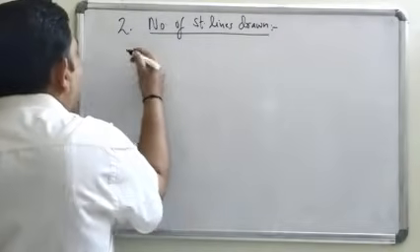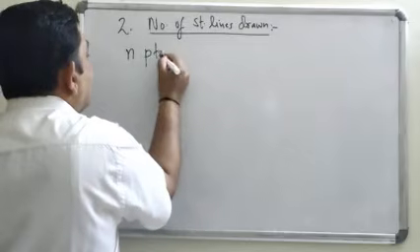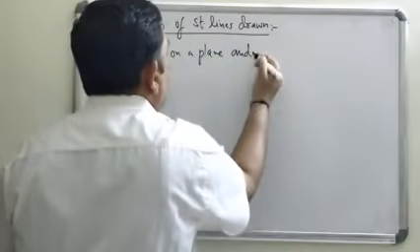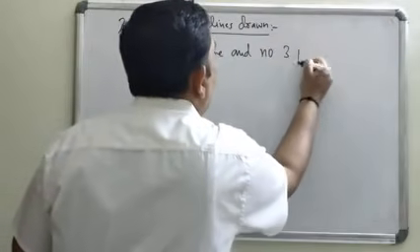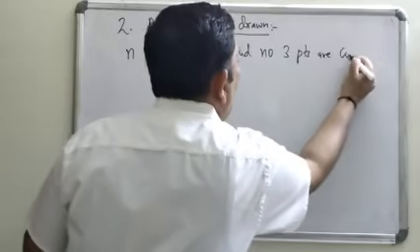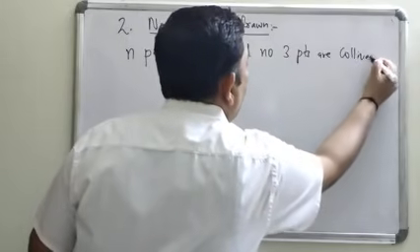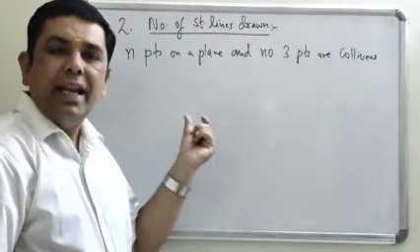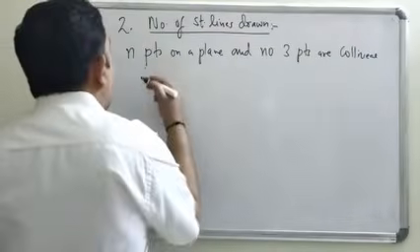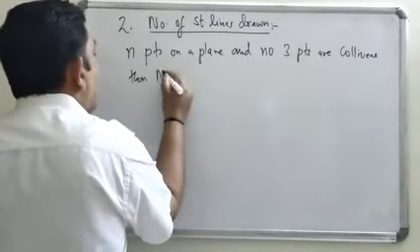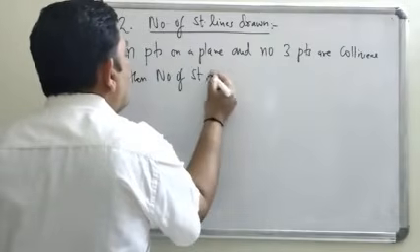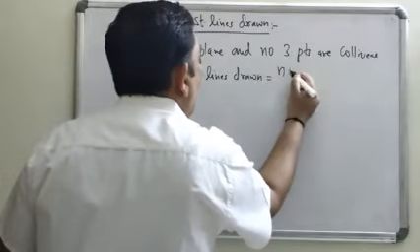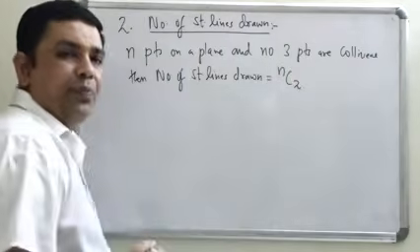Suppose there are n points on a plane and no 3 points are collinear, then the number of straight lines that can be drawn will always be nC2.